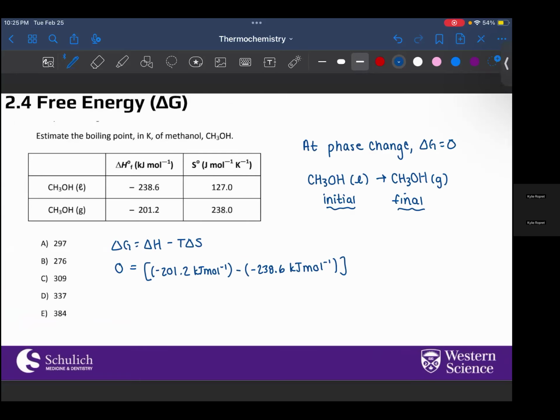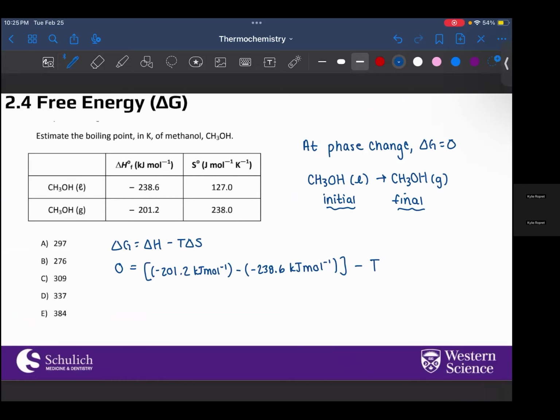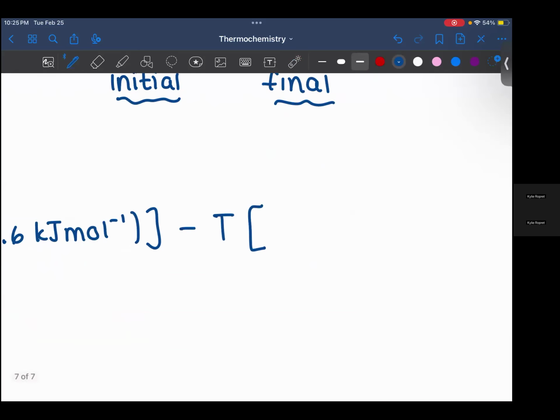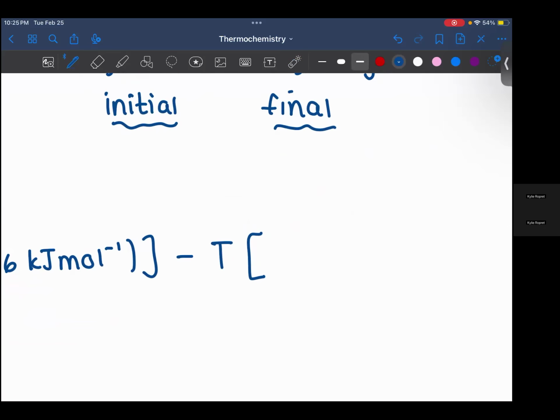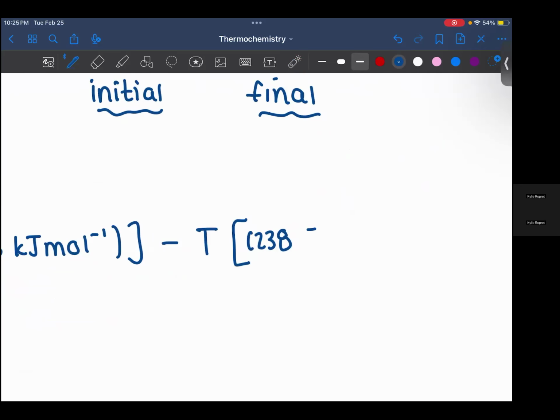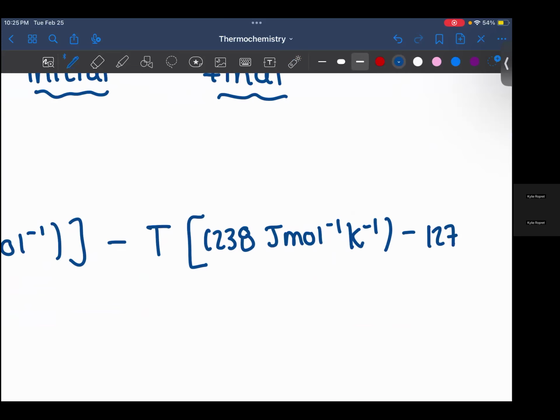Okay, and then minus T. So T is what we're trying to solve for. We're trying to find the temperature at the phase change when delta G is equal to 0. And delta S, we're going to do the final minus the initial, so we'll do our gas value of 238 joules per mole per Kelvin minus 127. And I don't have room for my units there, but we'll just leave it like that.